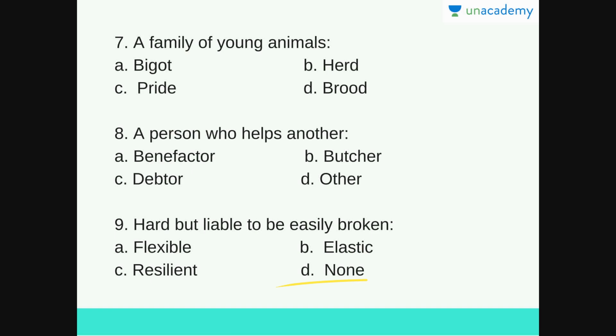So our answer would be none. Flexible is something that can bend easily. Elastic is a material that if you stretch or compress it, comes back to its original shape. The same is the case with resilient. But something that is hard and liable to be broken easily is brittle. The option is not given here, so the answer would be none.